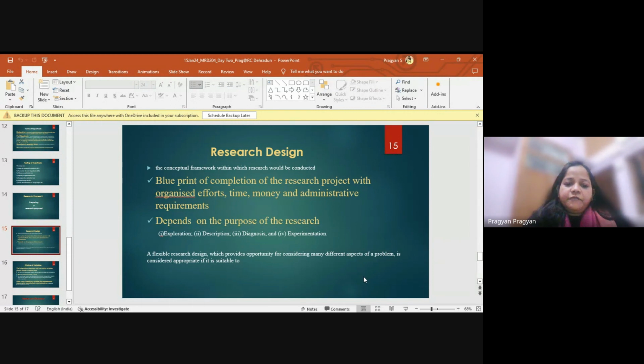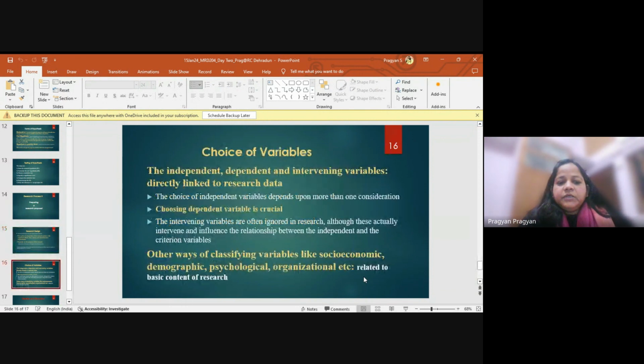Every type of research design has its own pros and cons that we were trying to discuss. Then in the end, the very important thing is how we are going to describe our variables, because it is in your control which variable you count as independent and which as dependent, and intervening variables are also very important.